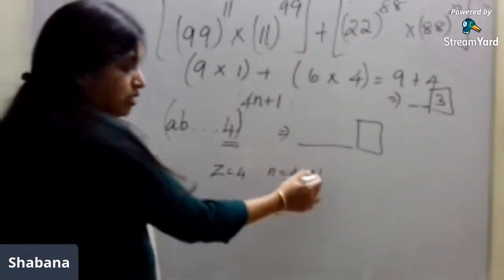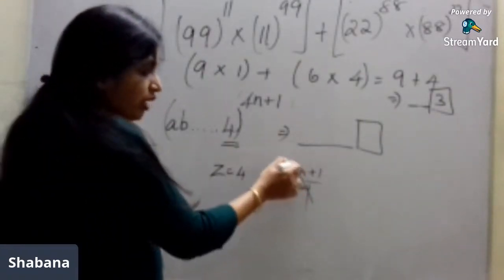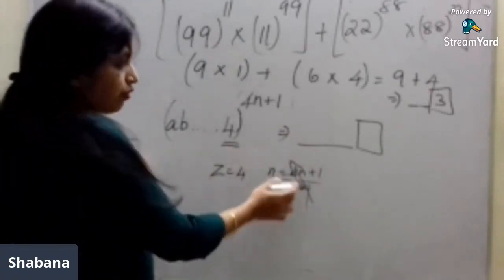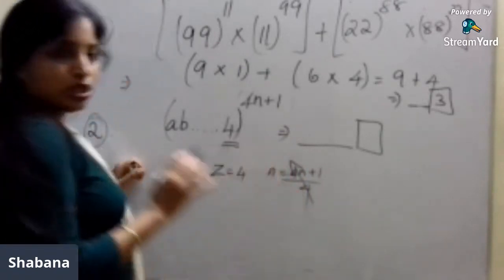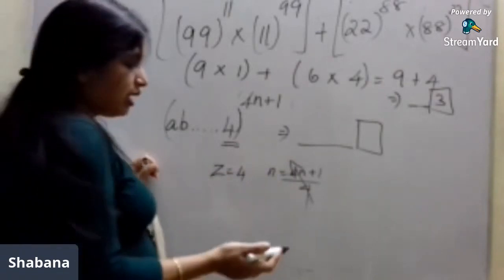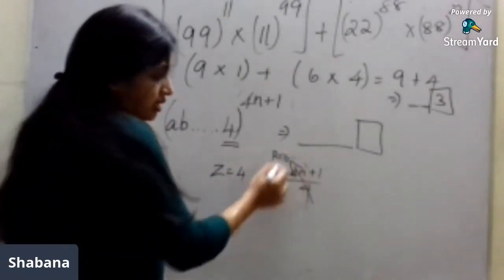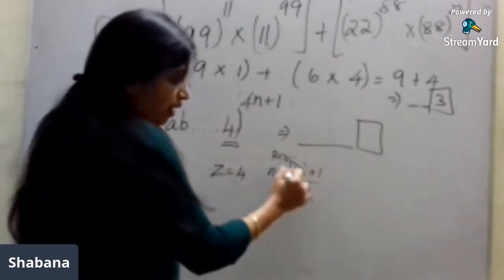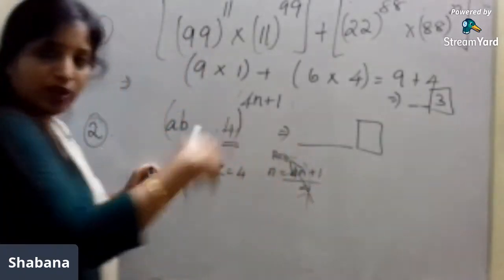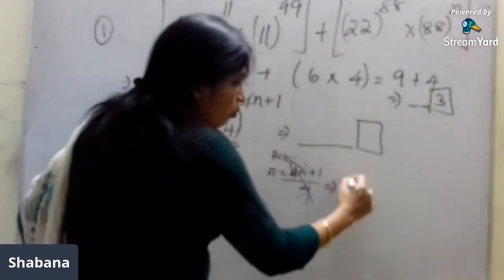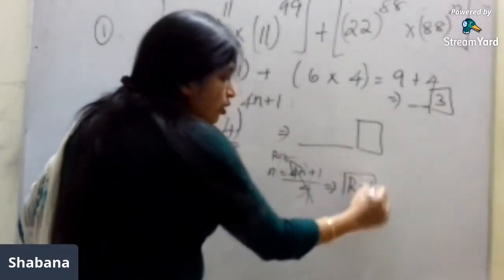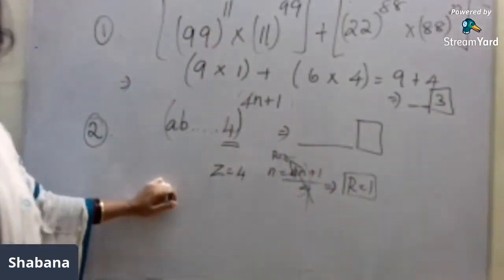Remember, 4n plus 1 divided by 4: 4n is a multiple of 4, which means it leaves a remainder 0. So ultimately, when you divide 4n plus 1 by 4, you have a remainder 1.